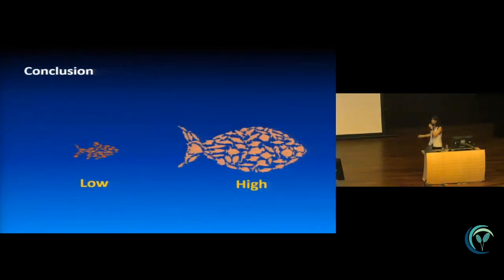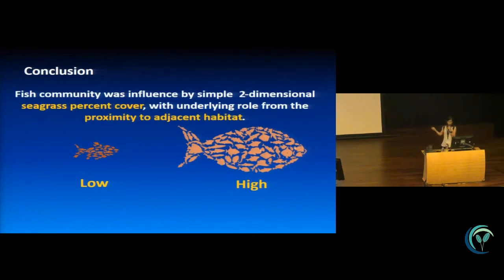Okay, in conclusion, our findings mean that the spatial patterns and the variability of the seagrass fish in this habitat are attributed to the seagrass percent cover, and also the proximity to the adjacent habitat.